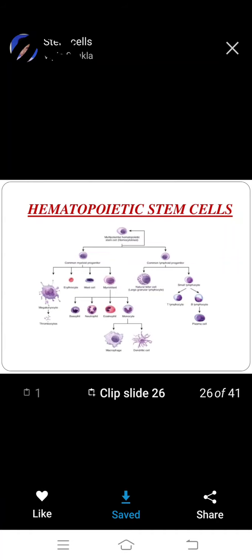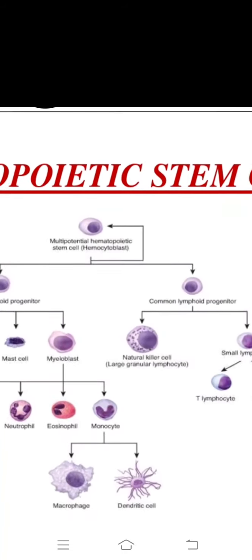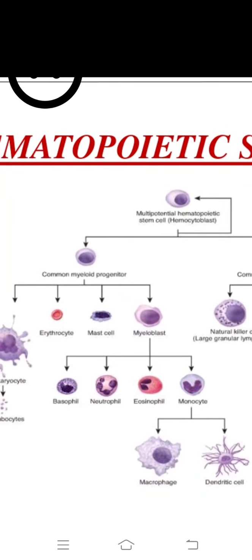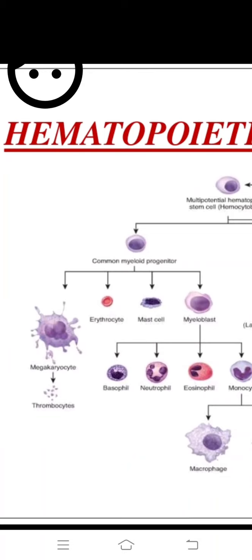Hematopoietic stem cells. Here we observe multipotential hematopoietic stem cells, the hemocytoblast. First one, common myeloid progenitor. Myeloid progenitor or myeloid cells, first megakaryocytes, like formation of thrombocytes.